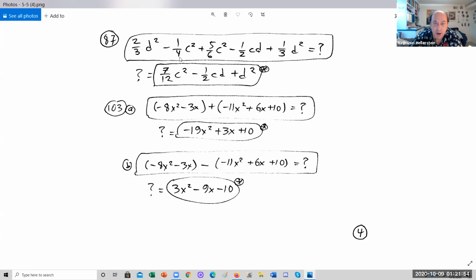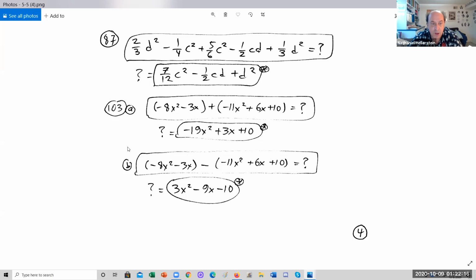Here we have a minus 1/4 c squared plus 5/6 c squared. Minus 1/4 plus 5/6 adds up to 7/12, so 7/12 c squared. And then there remains this single cd term, a minus a half cd. So 7/12 c squared minus a half cd plus d squared.